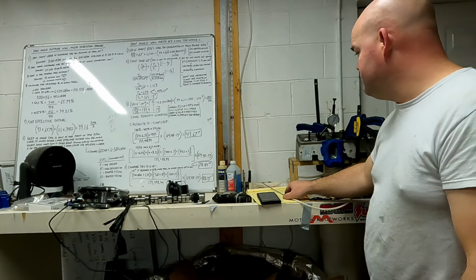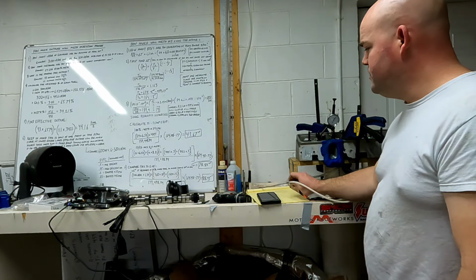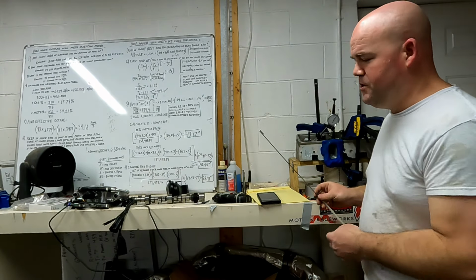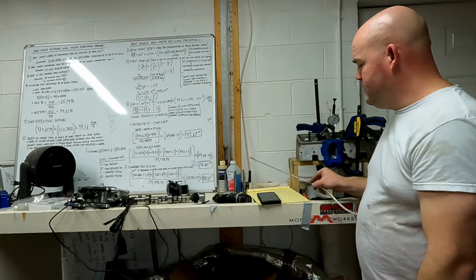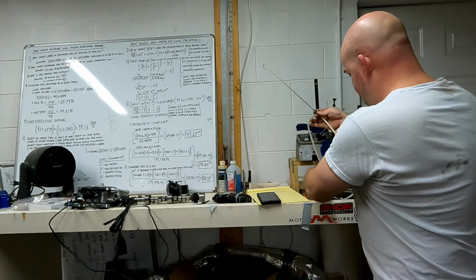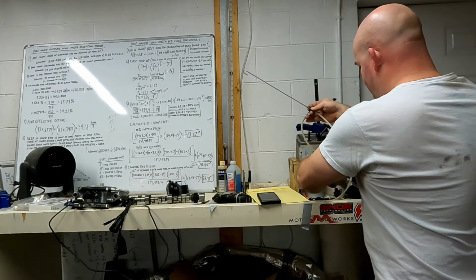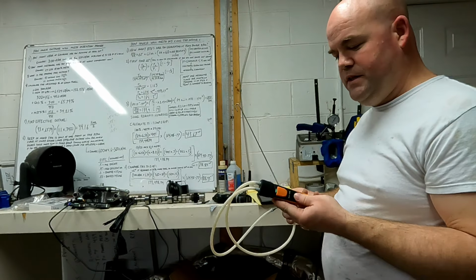This is just to give you an idea of what a pitot tube is. I have a video from several years ago on how these work and how you do the math. This is a Testo 510i.